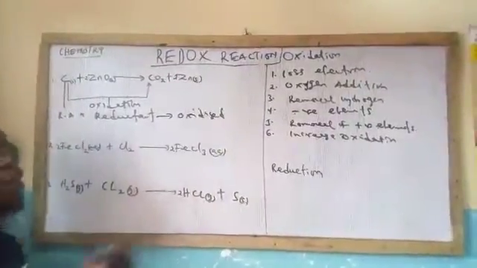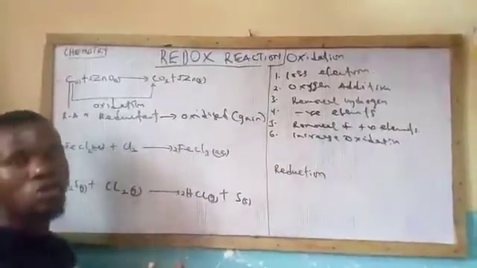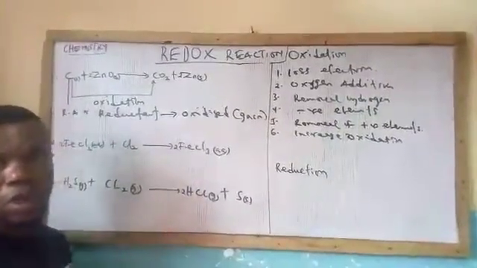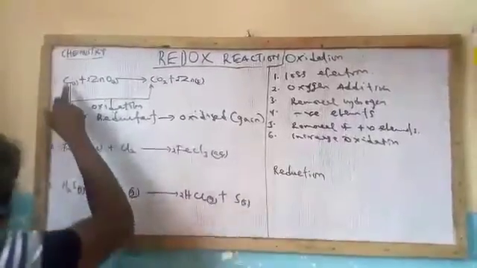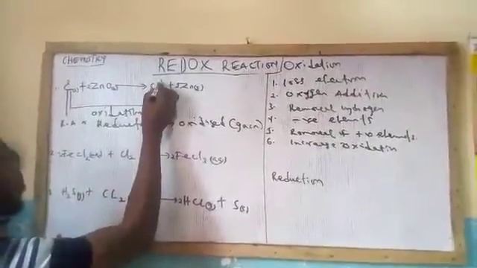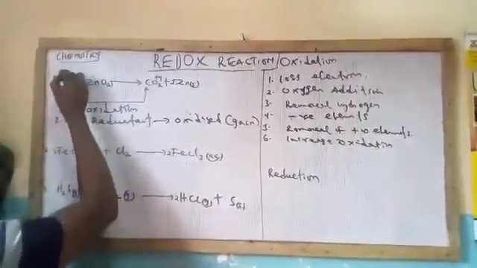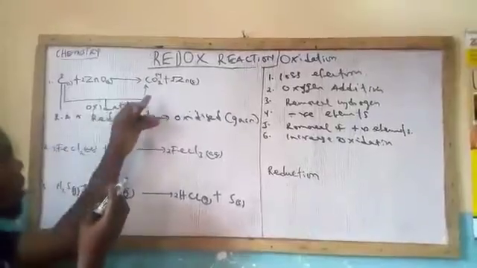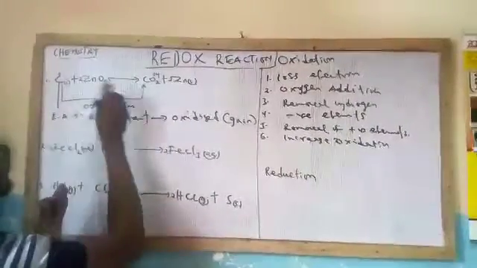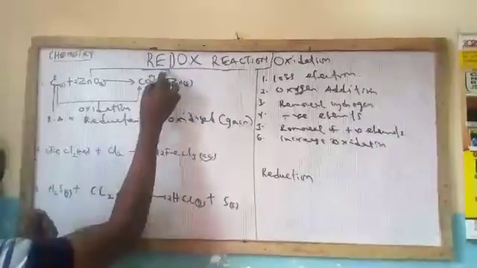Oxidized means its oxidation number increases. Here its oxidation number is 0, because it's uncombined, while here it is now 4.